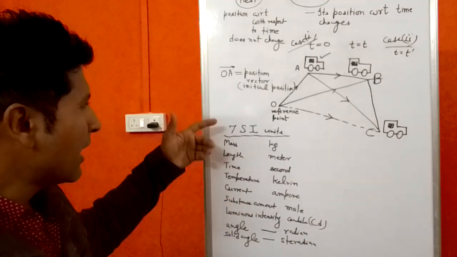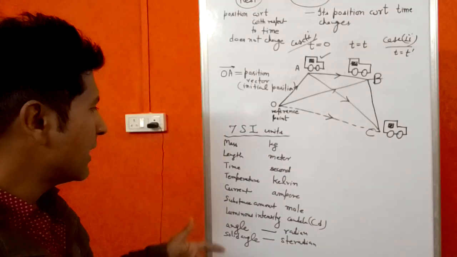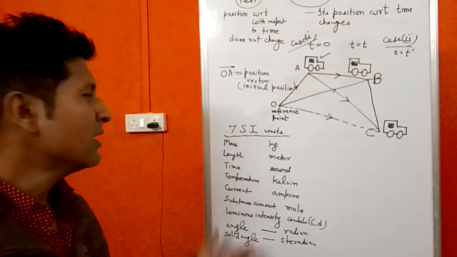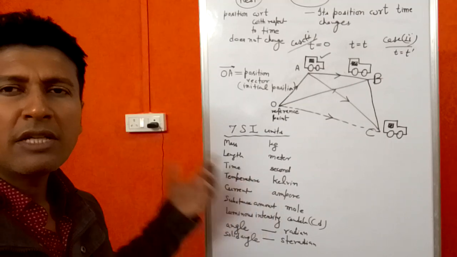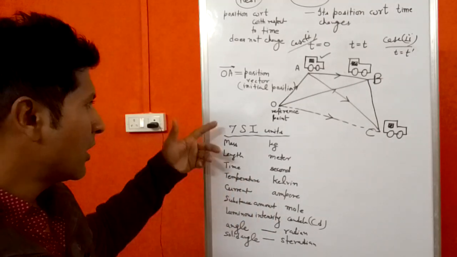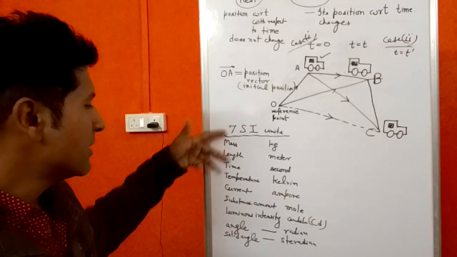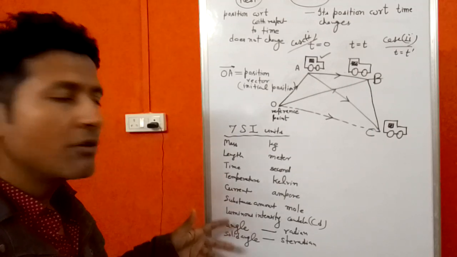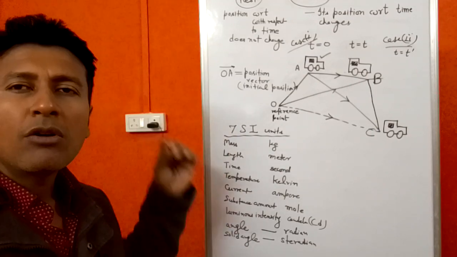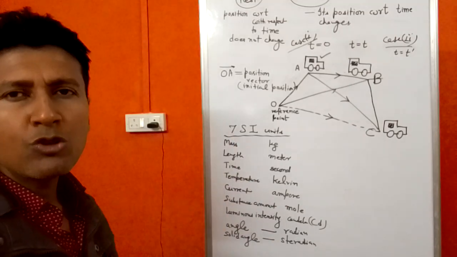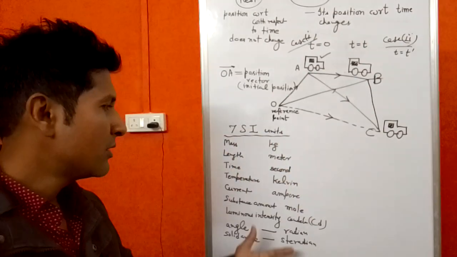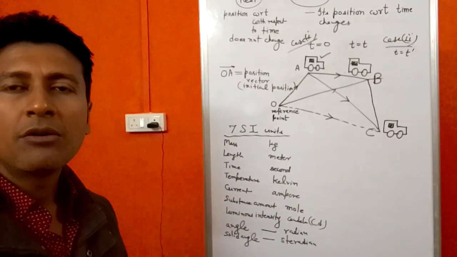So we have these 7 and then 2, total 9 units that we generally use. Out of those 9, these 7 are SI units and these 2 are complementary units, right? So almost everywhere in physics we are going to use these quantities with these units, right?